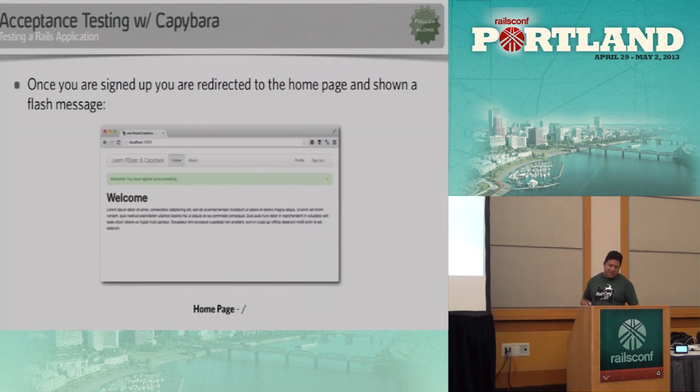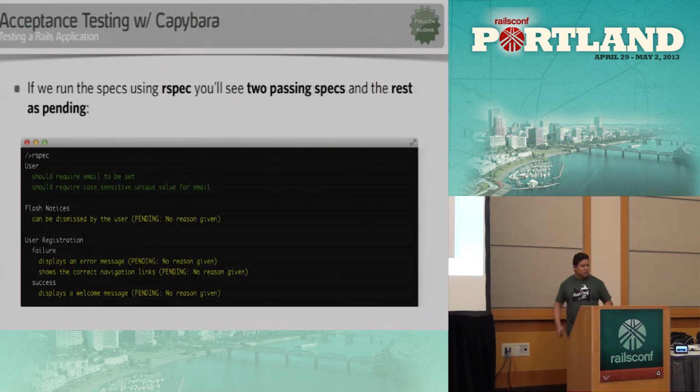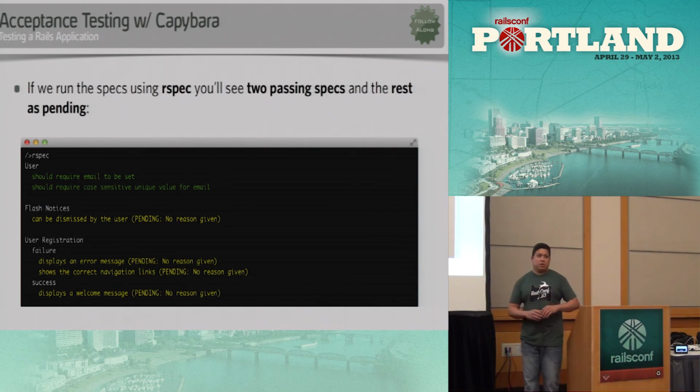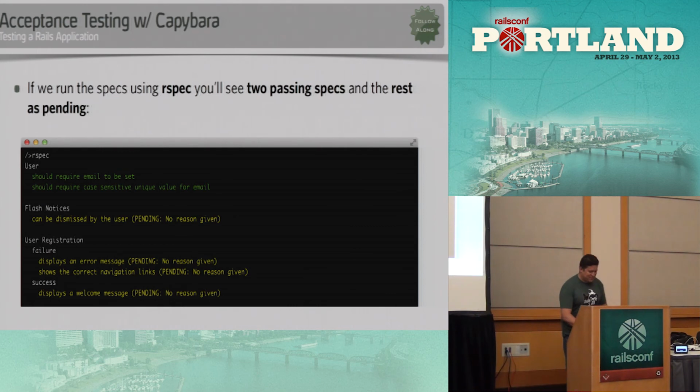And I have those on the slides too, but I'm going to move through that and get to the meat of the Capybara section. So if you were to run rspec spec in the application directory, you would see that this is really hard to see, isn't it? Black backgrounds always get me.